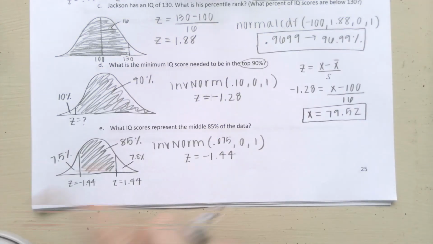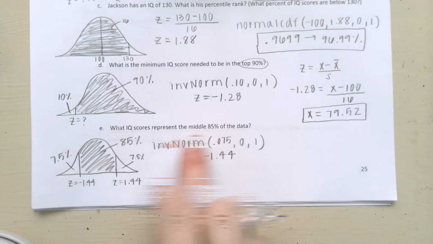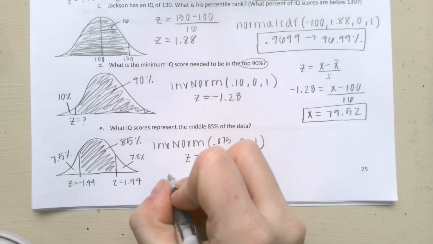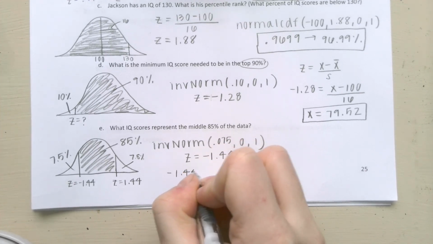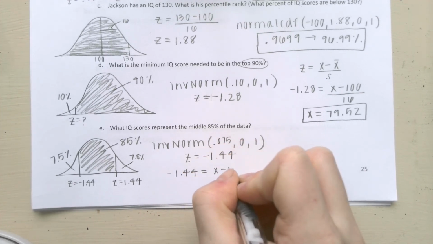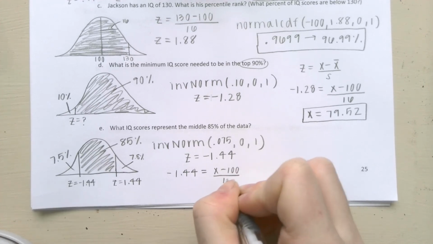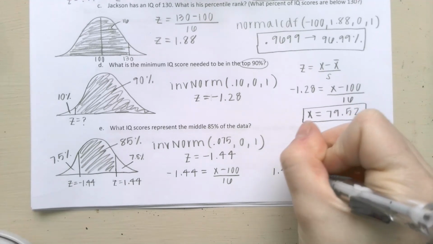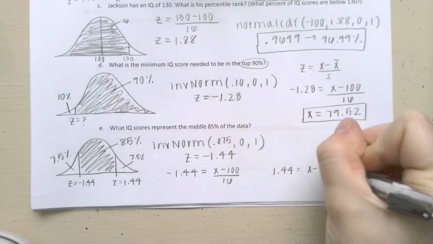Okay, from here we're finding which IQ scores represent the middle 85, so I need to convert both of these z-scores into IQ scores. So I'm going to start with the negative 1.44, again keeping that mean and standard deviation. I'm going to do the same thing for the positive 1.44.